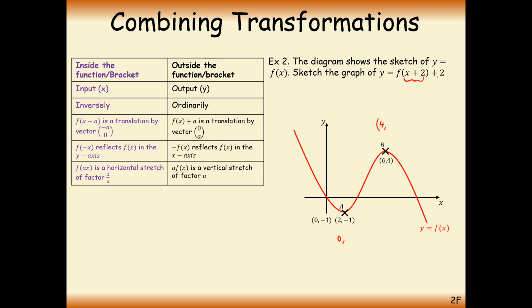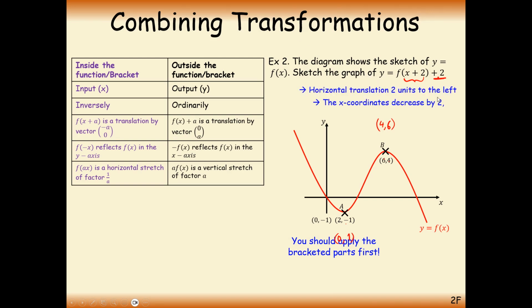Now let's look at the y-value. Y-value will be added by 2, so the 4 will become a 6. And this -1, when you add 2 to it, becomes a +1. So let's look at the transformed graph. It's a horizontal translation of 2 units to the left, and as we said, we will get 4 and 4.